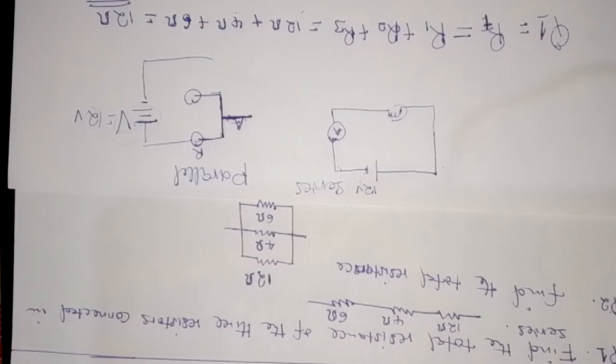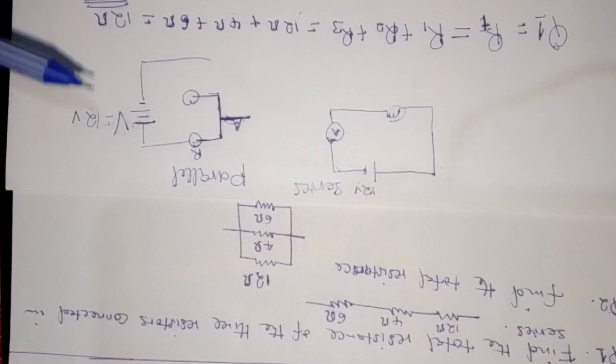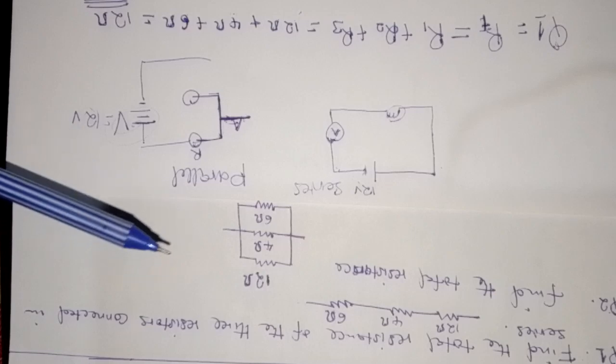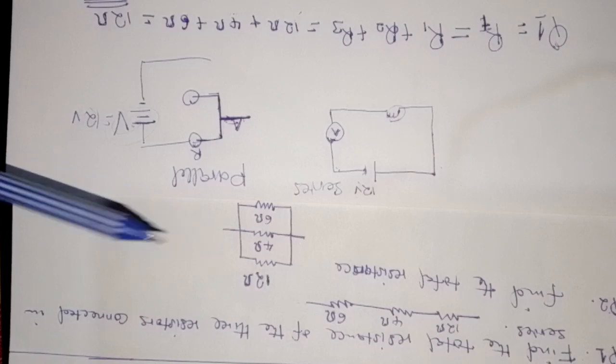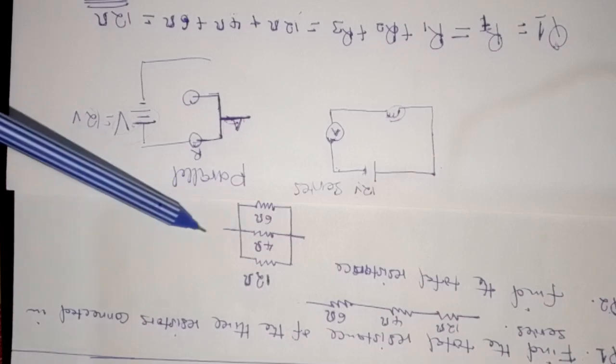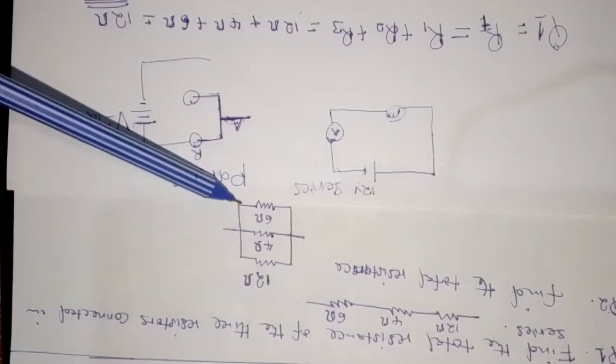Now question 2, find the total resistance. If we look at this diagram, we can say that this is connected in parallel, because when the current reached this point, it was shared, it went there and there.